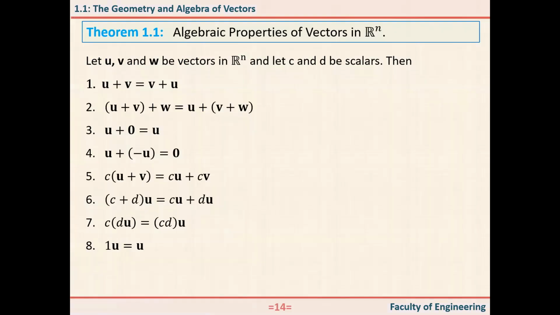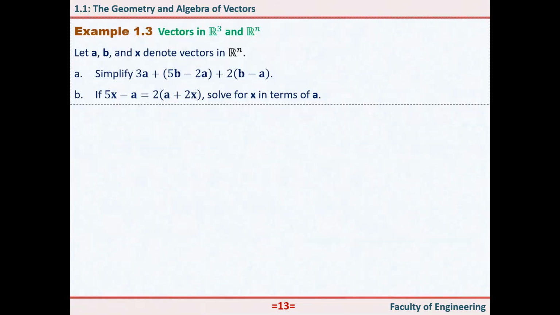It says that let A, B, and X denote vectors in Rn. Now what we say by Rn means that it's just a vector which is described by n components.